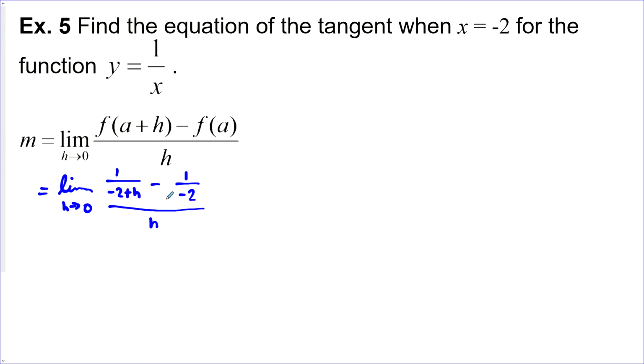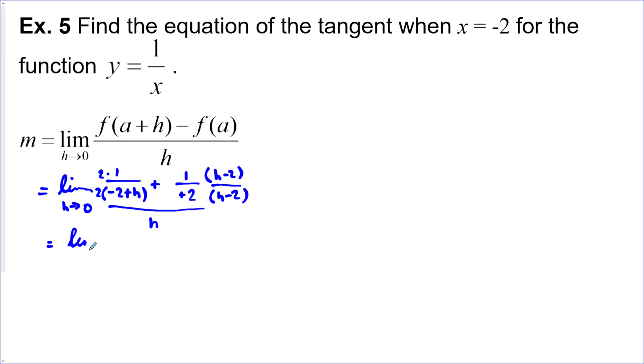First, we'll get rid of the negative and negative, so we'll just make that positive. Next, we need a common denominator, so this one has an h minus 2, so let's multiply this by h minus 2 over h minus 2. This one has a 2, so let's multiply this one by 2 over 2.